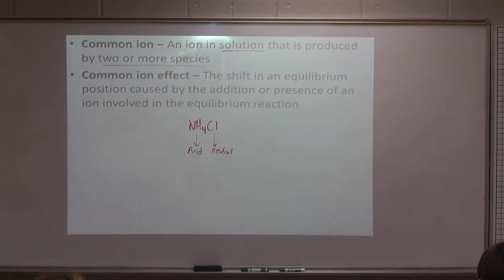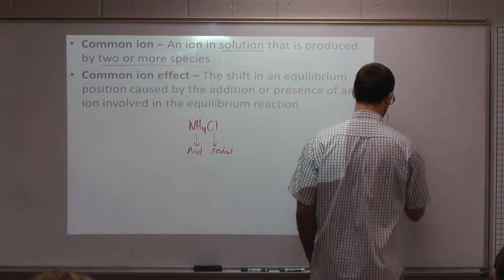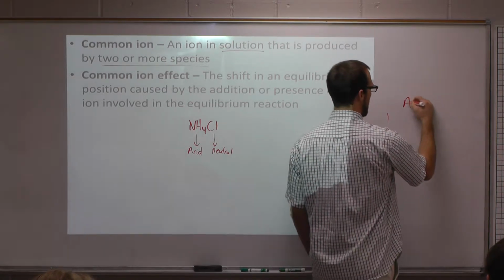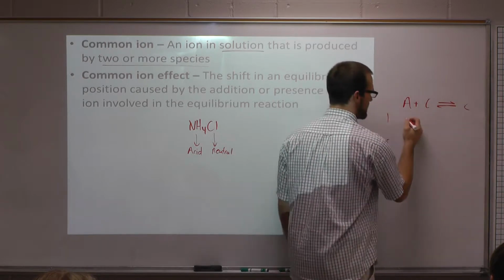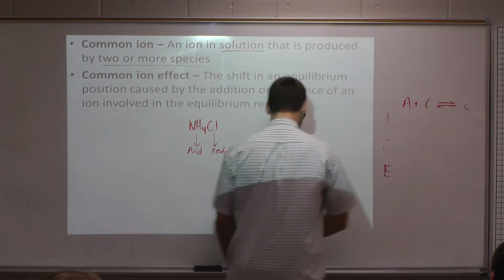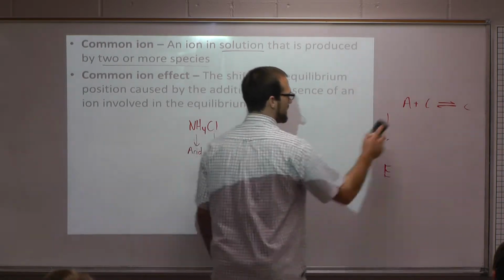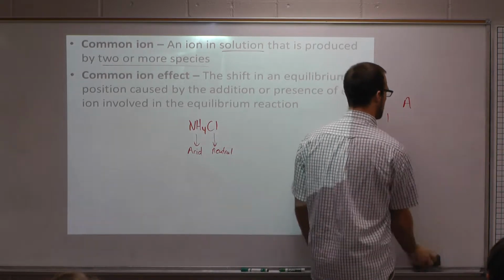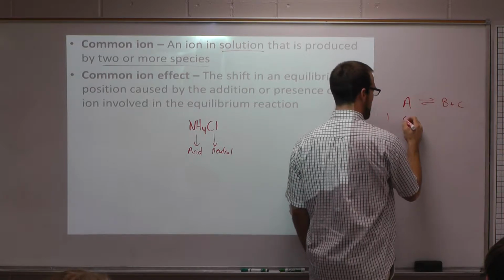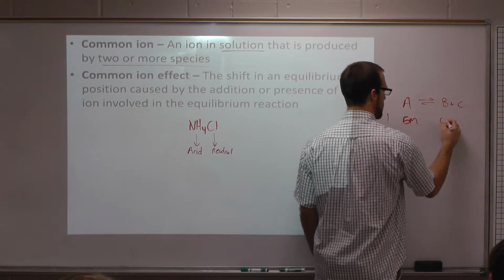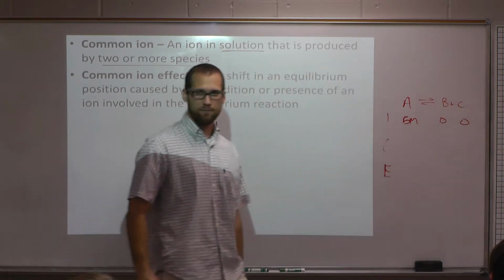Well, as you can imagine from an equilibrium standpoint, if you remember, all last chapter when we did our ICE table stuff, we had A goes to form B plus C. We said that A had like 5 molar, and we said both of those were 0, right?